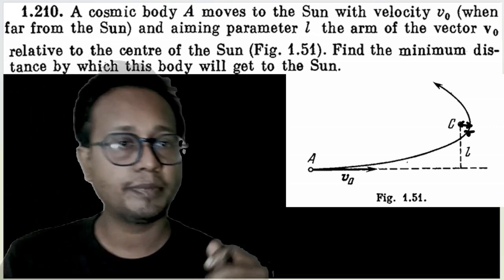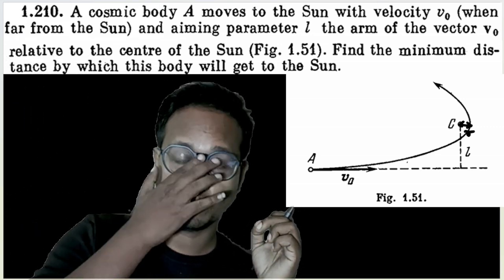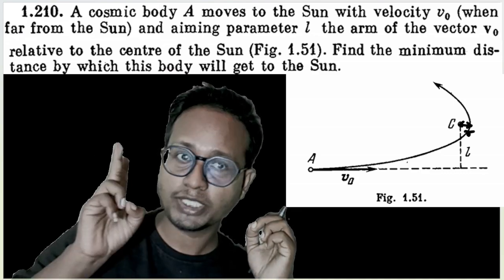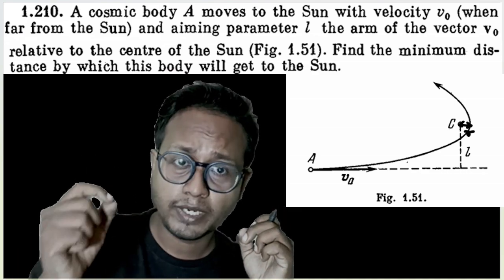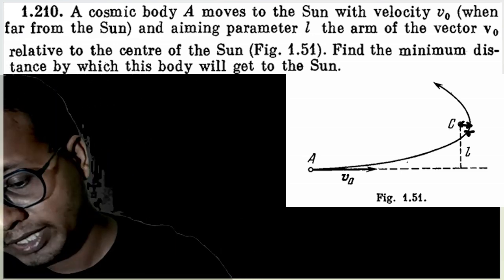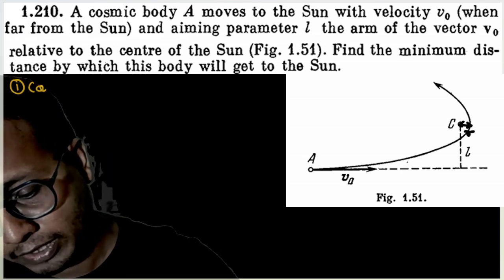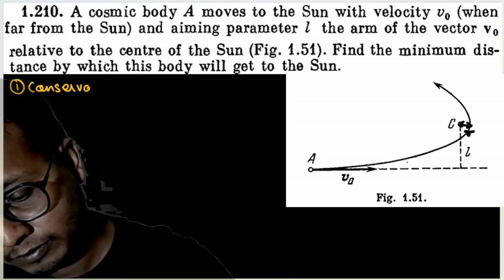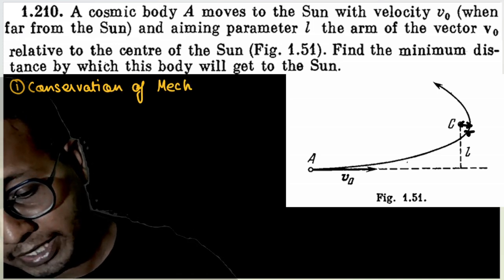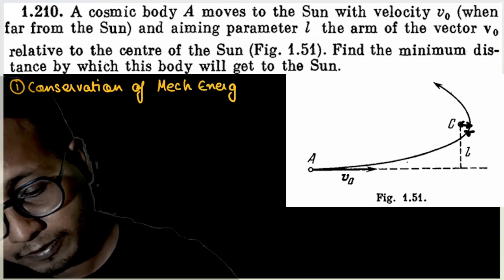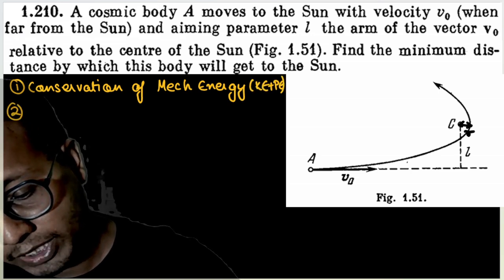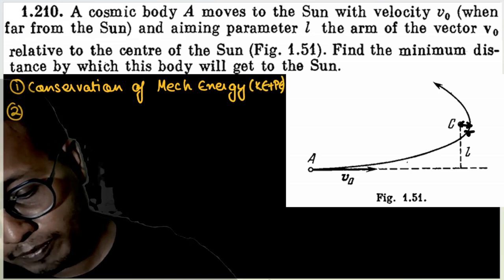So whenever there is an elliptical orbit, or circular orbit, or whenever there is a heavier mass and the lighter mass is moving in an orbit, what are the two equations that we can apply? Conservation of energy, and the second one is conservation of angular momentum. So same thing out here. You have to apply conservation of mechanical energy, that means kinetic energy plus potential energy, and the second equation is conservation of angular momentum.